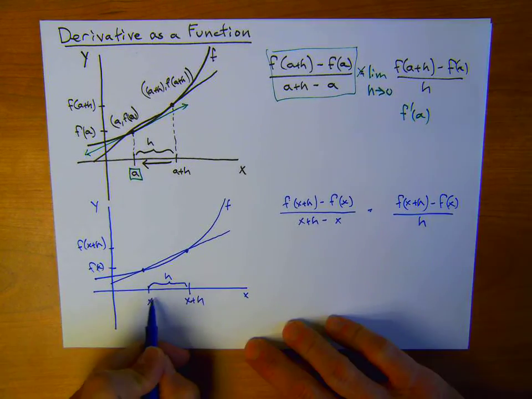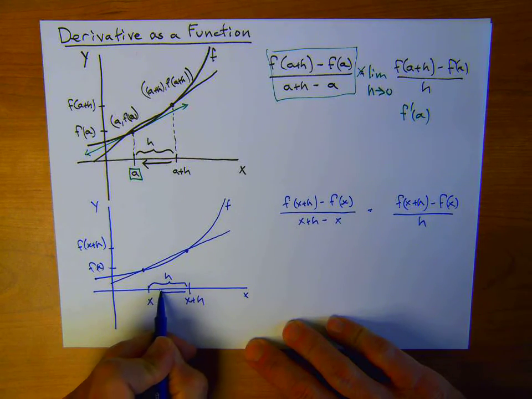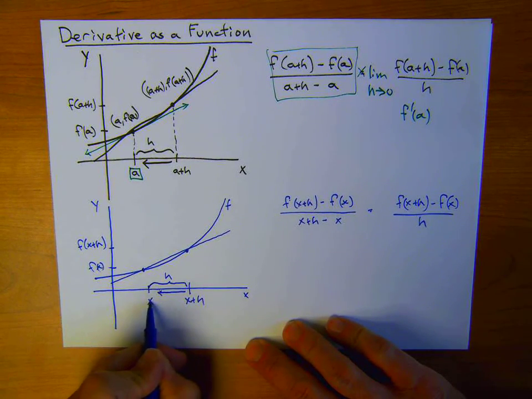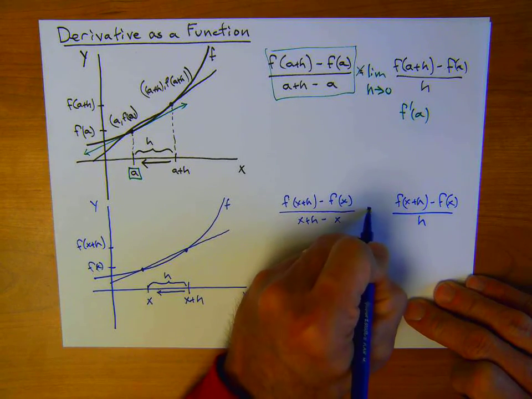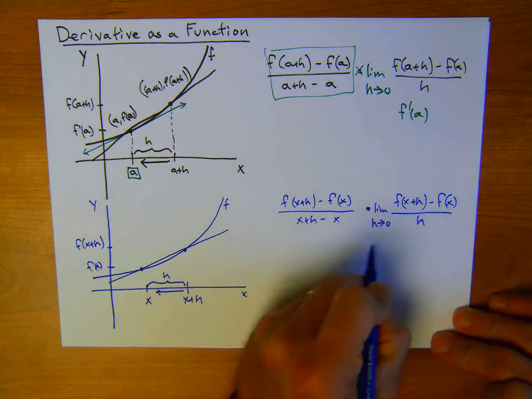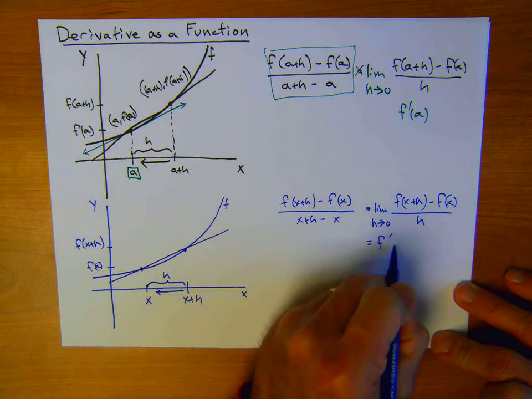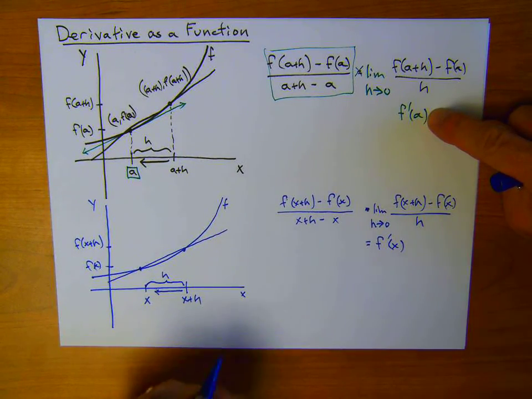But once again, if I let this h go to 0, so that this point approaches this point, we don't really have equals anymore, but if I just take that limit as h goes to 0, this is going to give me f prime of x instead of f prime of a.